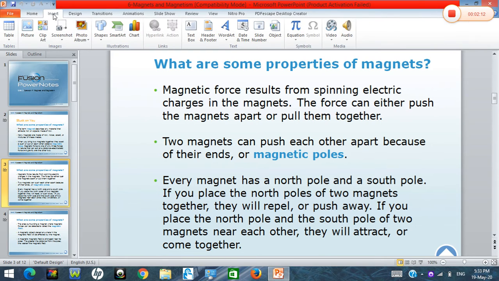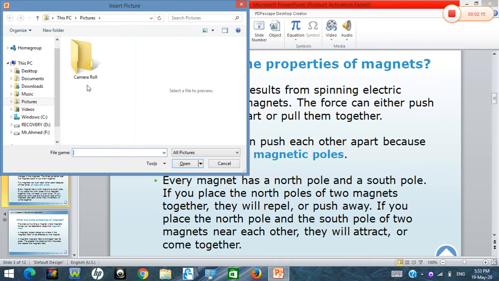Let me show you the photo of magnet to understand this part.